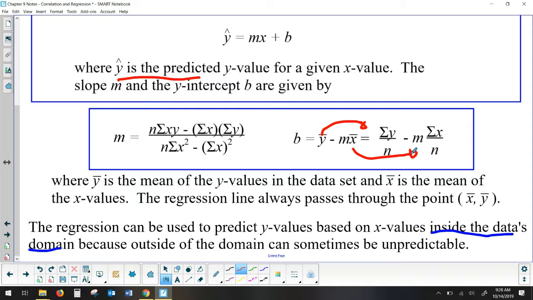Regression line always passes through this point. Important things to remember. Alright? So now we're really going to use these equations.